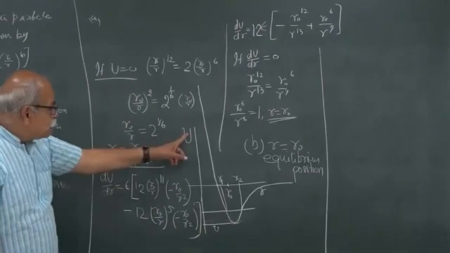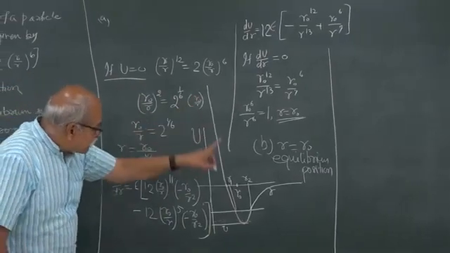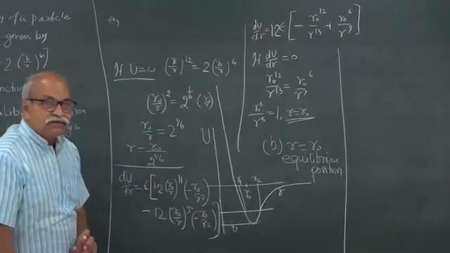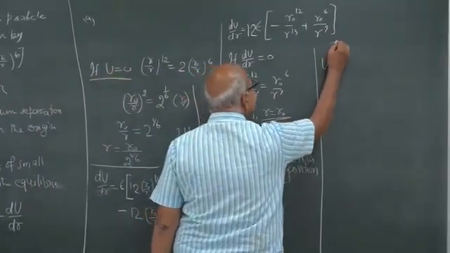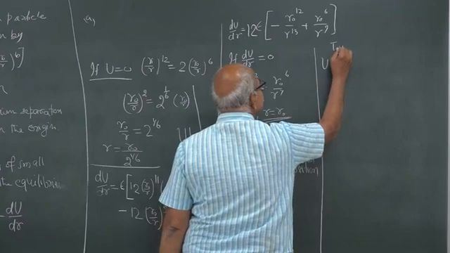expansion of u around this point r naught. Okay. So, u is equal to, this is called Taylor series.